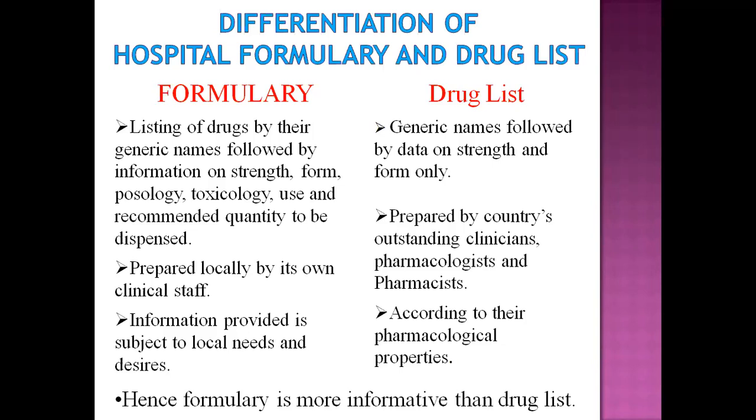So, formulary is more informative than the drug list. In the drug list, they give all the information related to the brands, their strengths, as per the content of the concerned brands.